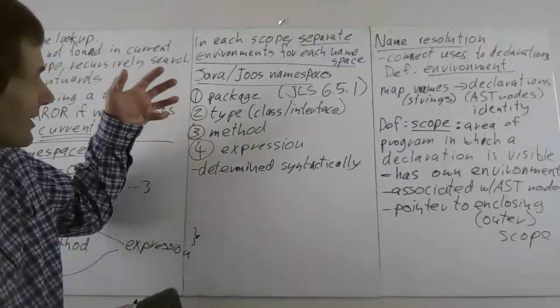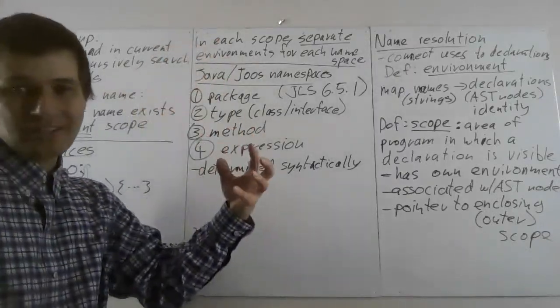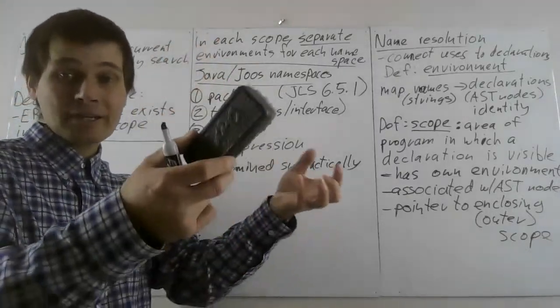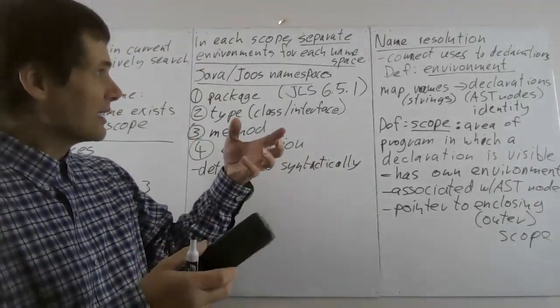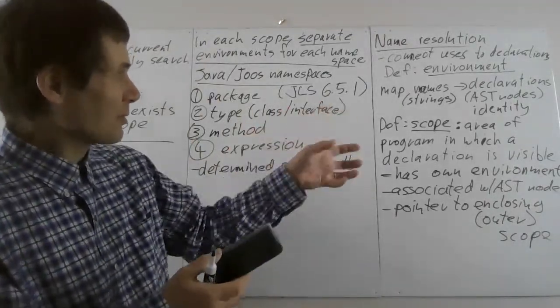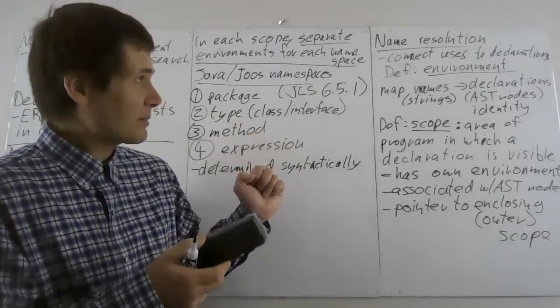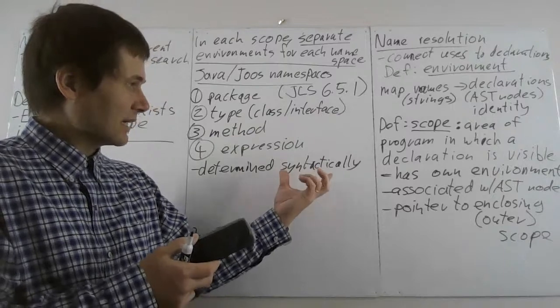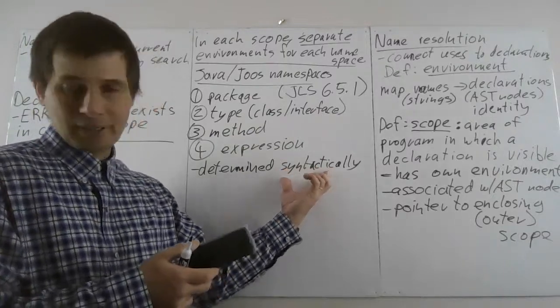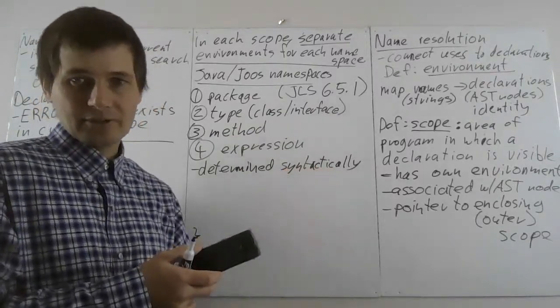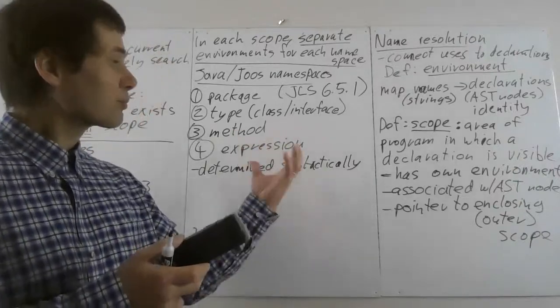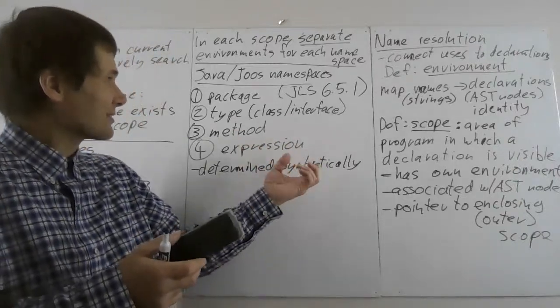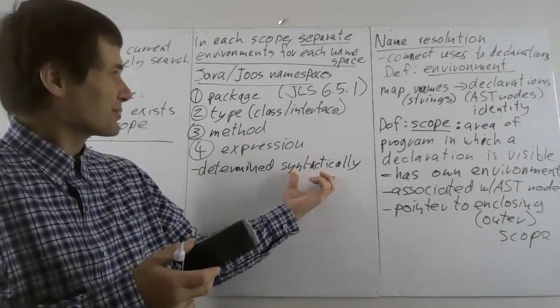But the point is, namespaces are these sort of categories of names where you can have names that coexist in the same scope, and they're decided based on where they appear within an expression. Okay. And that's not 100% true.